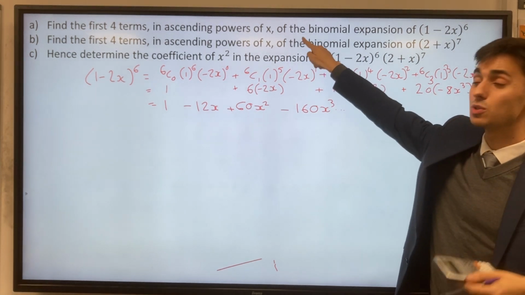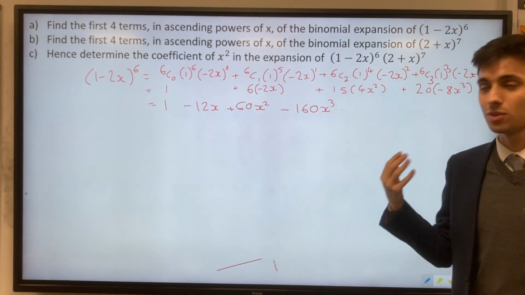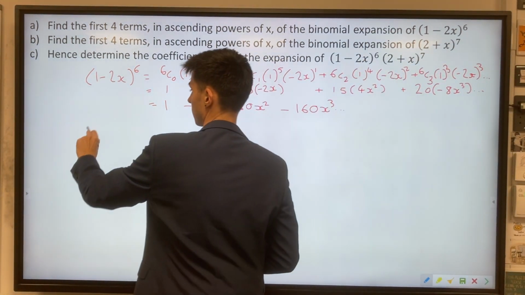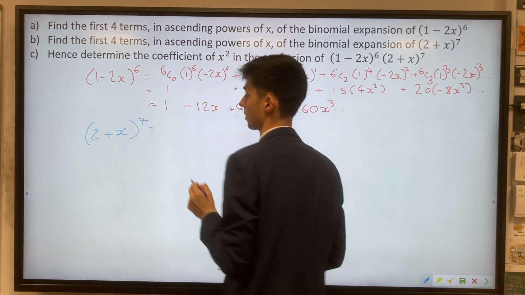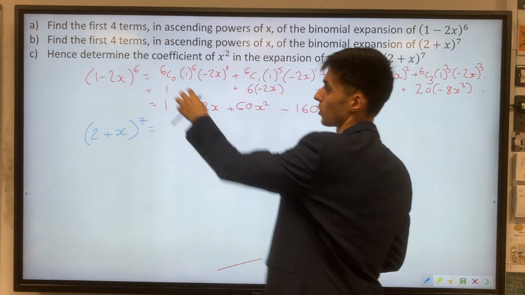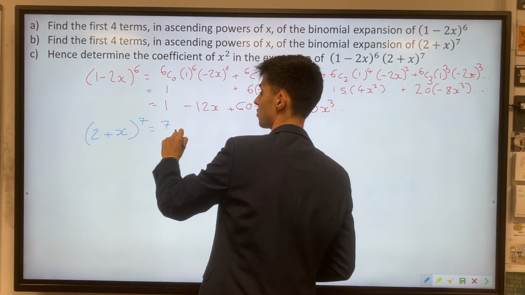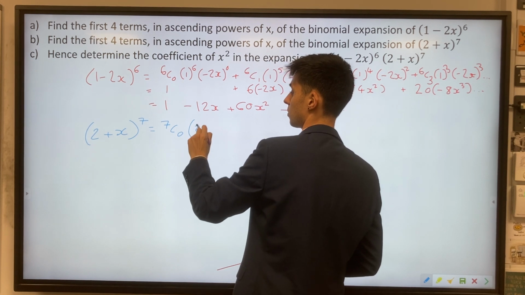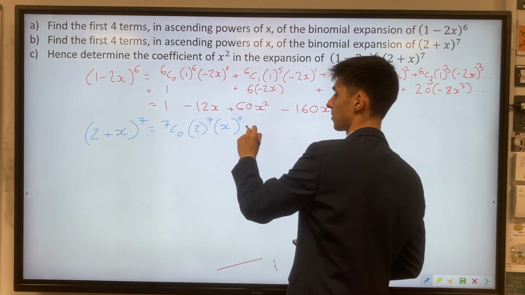For part B, we're doing the same thing for 2 plus x to the power of 7. So again, let's have a look at that. So 2 plus x to the power of 7. This time it's always going to be 7 choose something. So we'll have 7 choose 0, 2 to the power of 7, x to the power of 0.